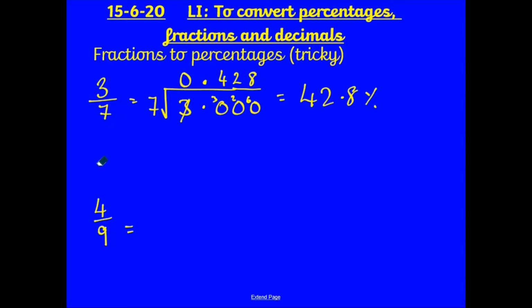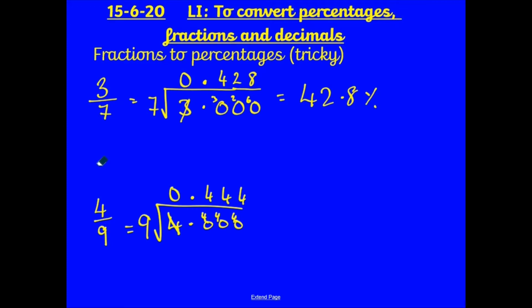4/9, same thing here. I am going to do 4 divided by 9. Decimal places in. No more than 3 is needed. Can't be done straight away. We know that it is going to be 9, 18, 27, 36. So it's 4, remainder 4. 4, remainder 4. It's going to keep going.